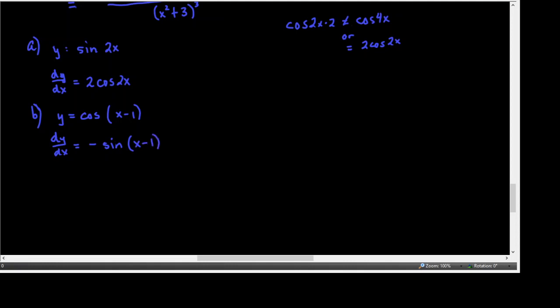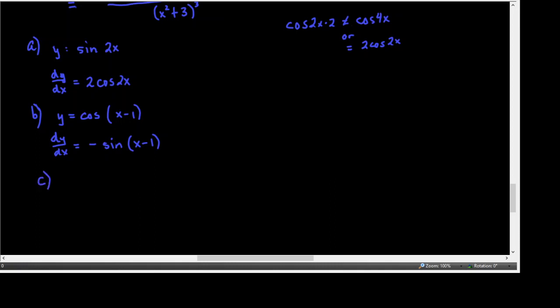And the derivative of x minus 1 is simply 1. And so I'm not going to write the times 1, because that would mean I have to write another line in my answer. If it had been some number, I probably would have wanted to put it out in front, so it would be a negative number, sine of whatever, but it isn't. So that one's done.